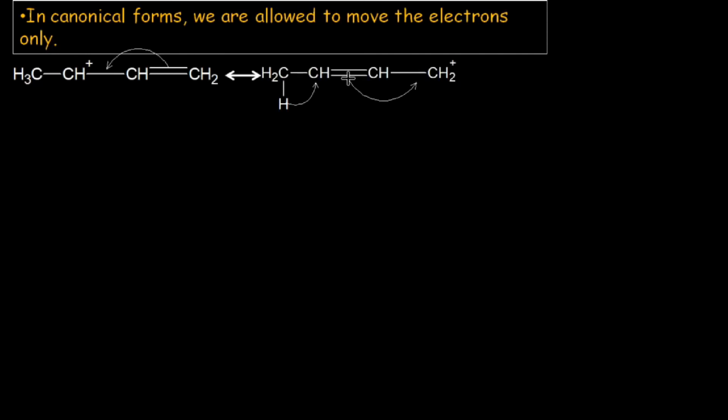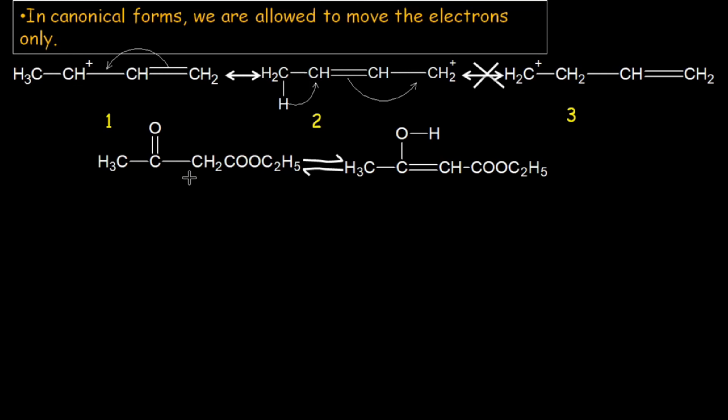But if the double bond shifts between the first and second carbon and hydrogen from the fourth carbon shifts to the third carbon and the positive charge comes on the fourth carbon, this structure is not justified according to resonance rules because here the hydrogen is shifted. So structure 3 is not correct.